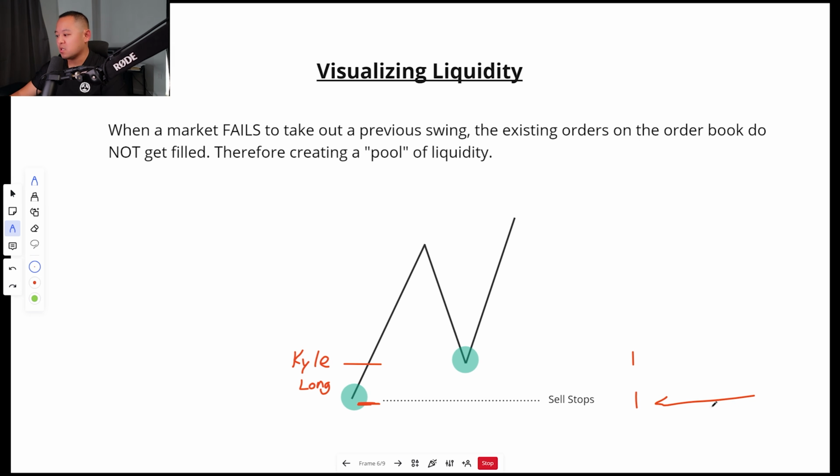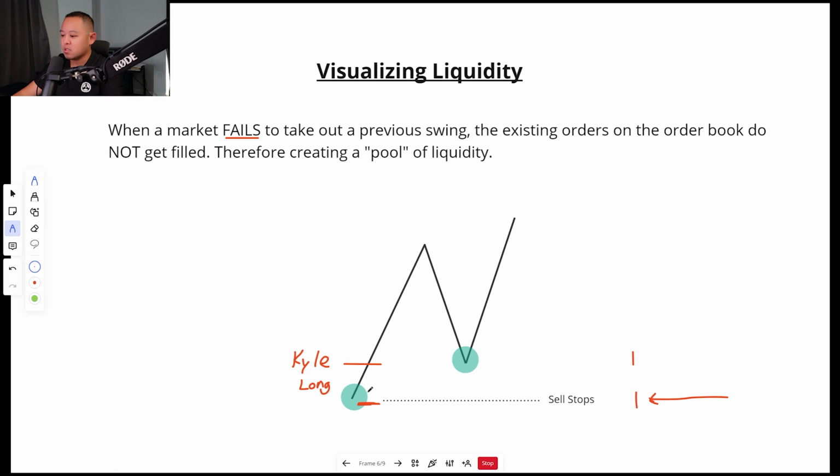What's going to happen if we fail to take out that low? Nothing happens. My order is still on the order book until I do something with that trade. Let's assume that I don't do anything with the trade. That means all of the liquidity that I'm creating in the marketplace doesn't go anywhere. What happens if not only I'm going long, but Jerry goes long and Mike goes long?